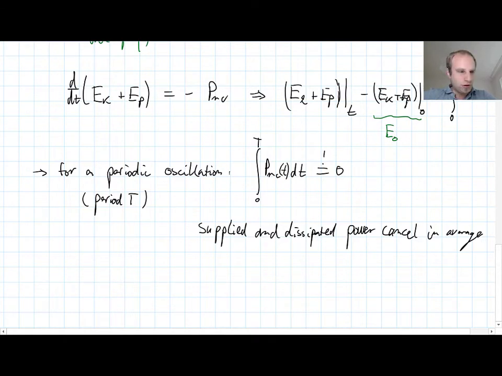If we assume a periodic oscillation of a certain frequency, of a certain form, we can substitute this into this integral and evaluate this value as a function of the amplitude, in order to determine the amplitude of this oscillation.